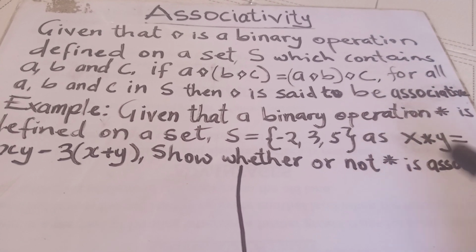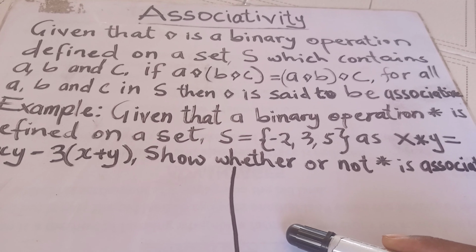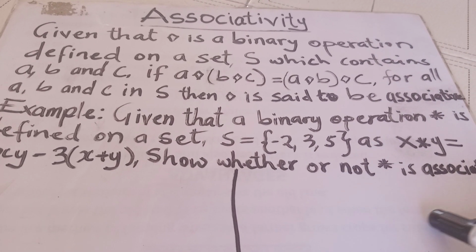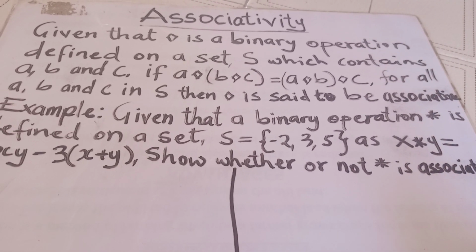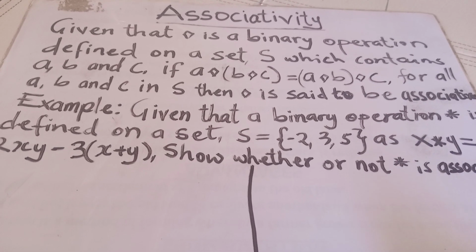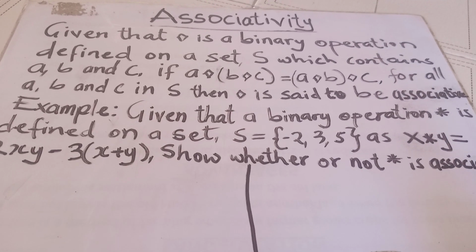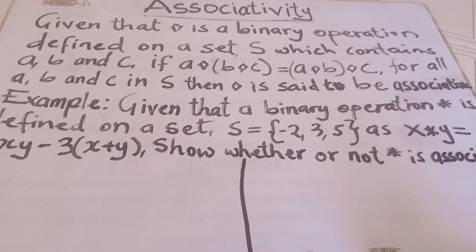Then you swap the position: 1 plus 2 will be in brackets and then plus 3. When you operate on them, you get the same answer. That tells us that addition is associative. But let's see how it works in binary operation.